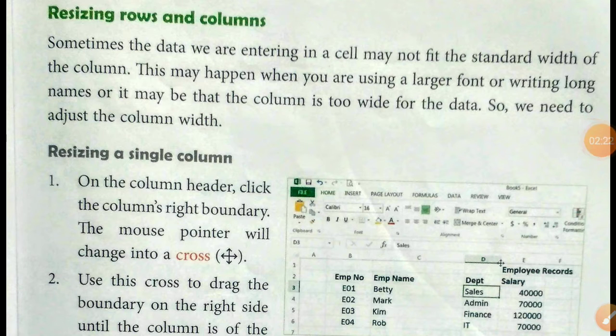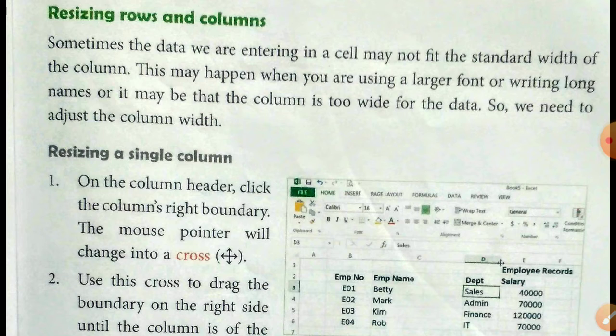Next is resizing rows and columns. Sometimes the data we are entering in a cell may not fit the standard width of the column. Then how to resize a single column? First we will discuss resizing a single column. On the column header, click the column's right boundary.